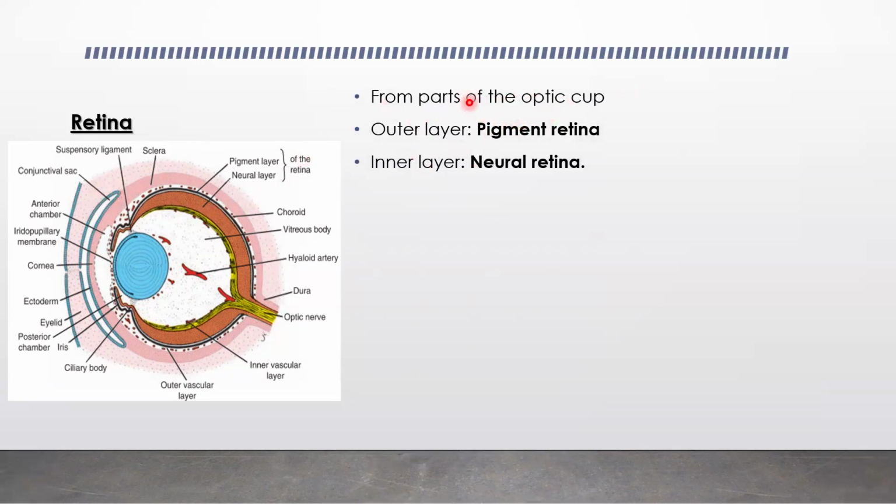So remember, the optic cup had two layers. The outer layer gives us the pigment retina, or the retinal pigment epithelium, and the inner layer is the one that becomes the neural retina.